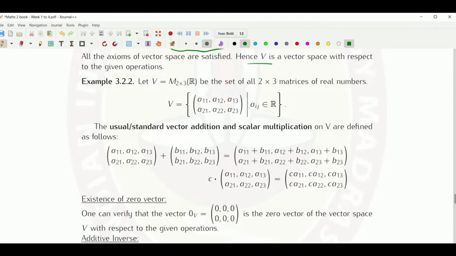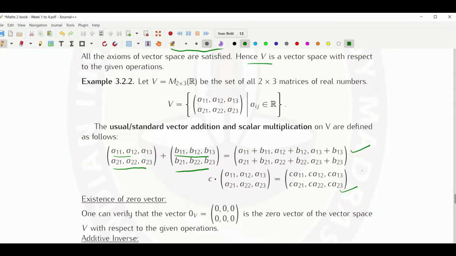For matrices A with entries A11 through A23 and B with entries B11 through B23, if we do plus, then it will be A11 plus B11, A12 plus B12, A13 plus B13, A21 plus B21, A22 plus B22, A23 plus B23. Okay, this is the usual addition, and the scalar multiplication will be CA11, CA12, CA13, CA21, and so on.